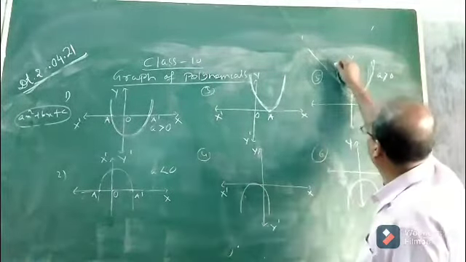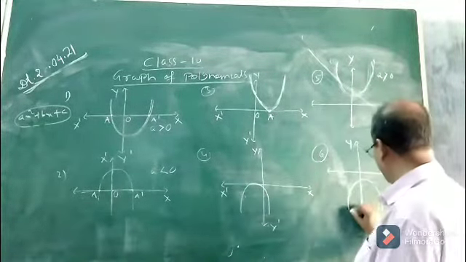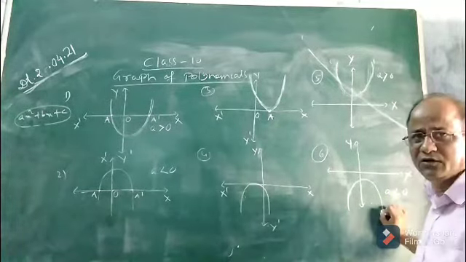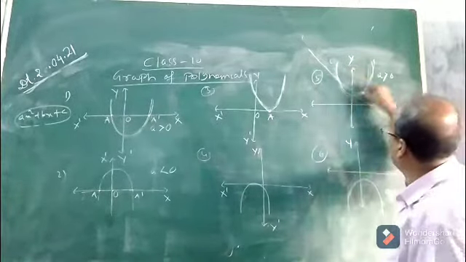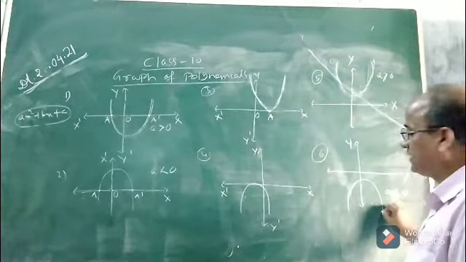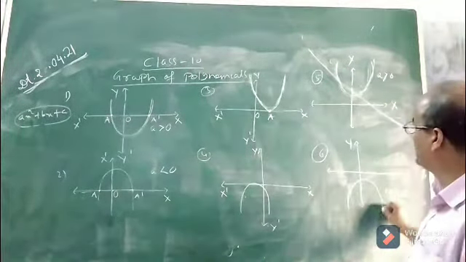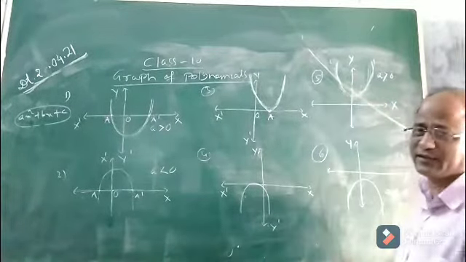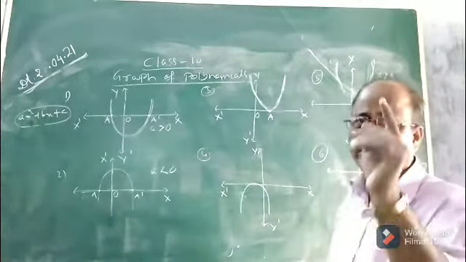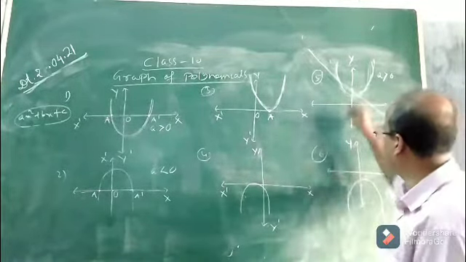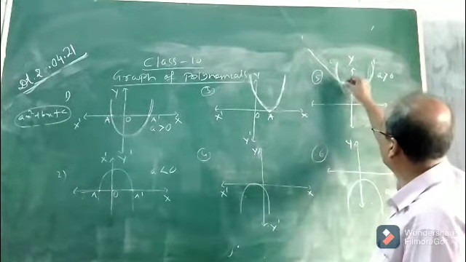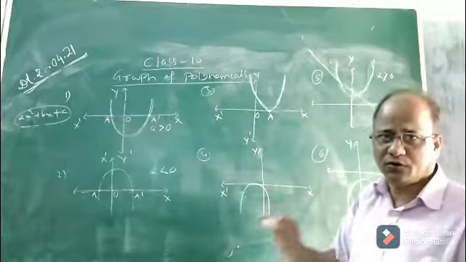So this quadratic polynomial will have no zero and this quadratic polynomial will have no zero, as the graph of these two polynomials lies completely above the x-axis and completely below the x-axis, and it does not cut the x-axis neither in two distinct points nor does it touch the x-axis at one point. So the conclusion is, in these cases the quadratic polynomial will have no zero.